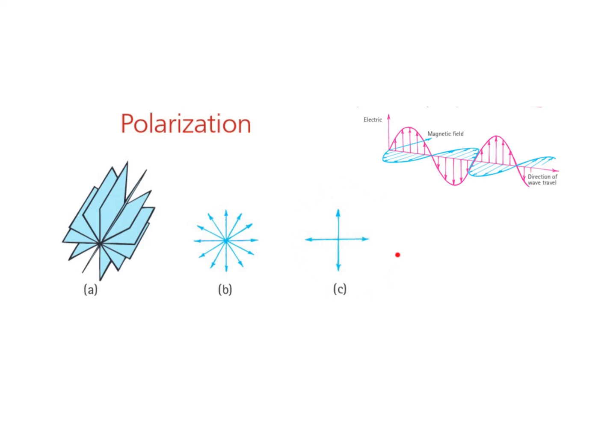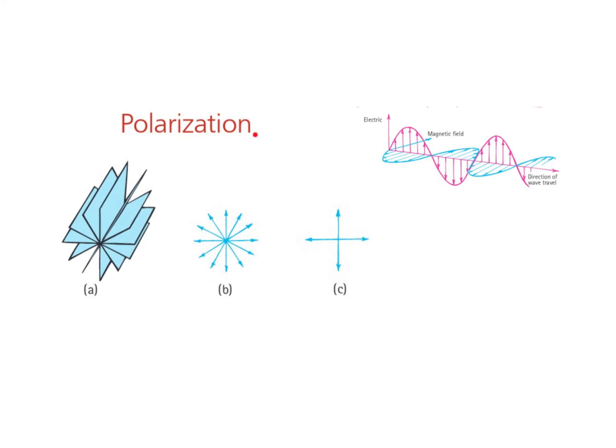And so this figure C is generally how we represent these. We don't take the time to draw out every possible direction. We just draw the two most important, the ones going vertically and the ones going horizontally. Now, if I have some vibrations going at an angle, that could be represented as some of that vibration is left and right, and some of that vibration is up and down, and we can separate those out.